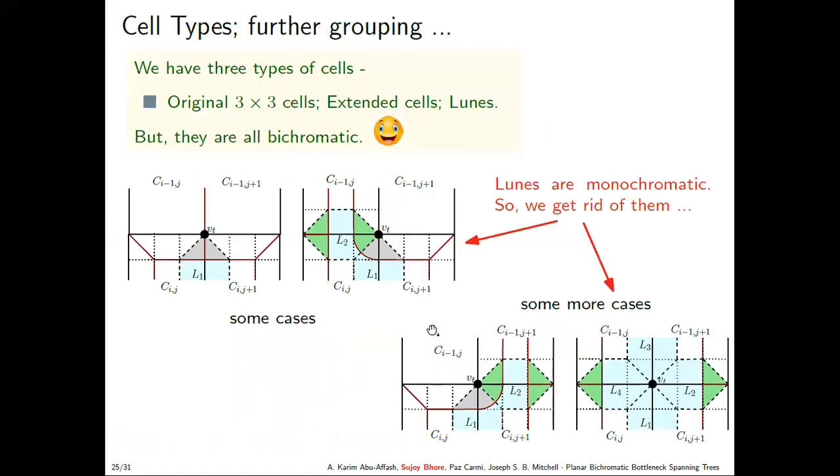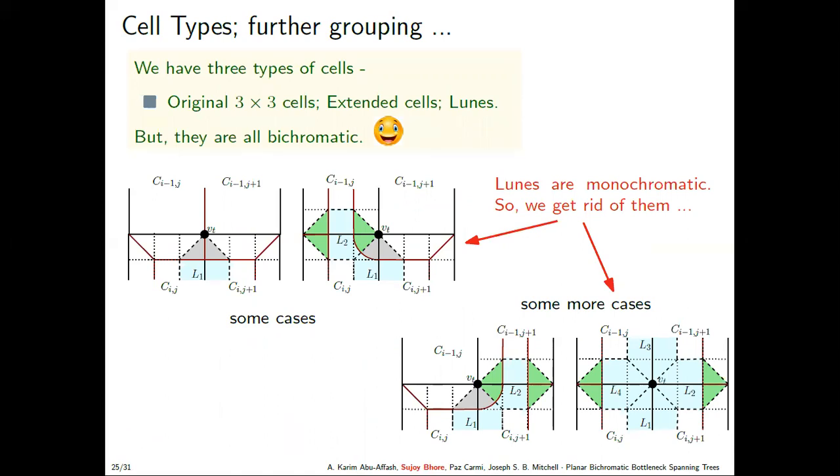After this step, we have 3 different types of cells. The first is the original 3x3 cells, which are the bichromatic ones, and we don't care about the empty cells. Then the monochromatic cells are partitioned and extended. So we have some extended cells, and then we have the loons.